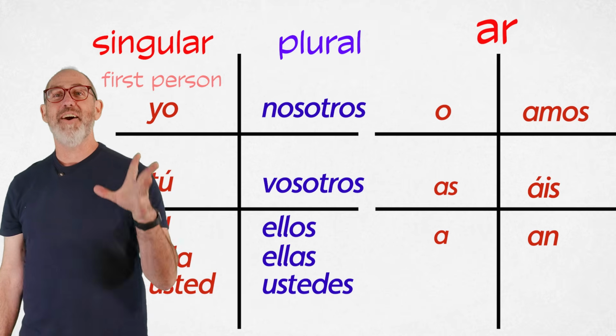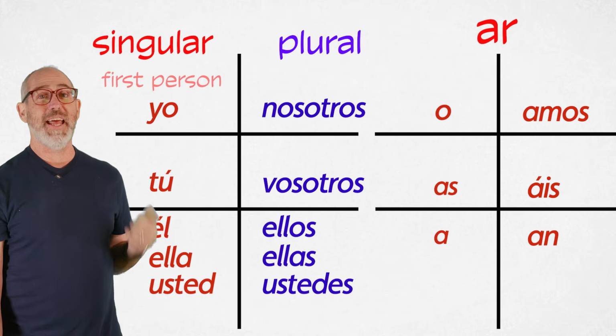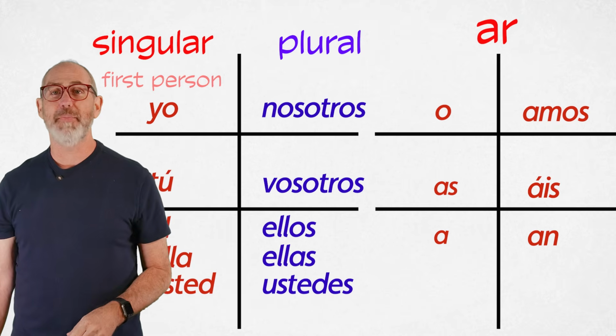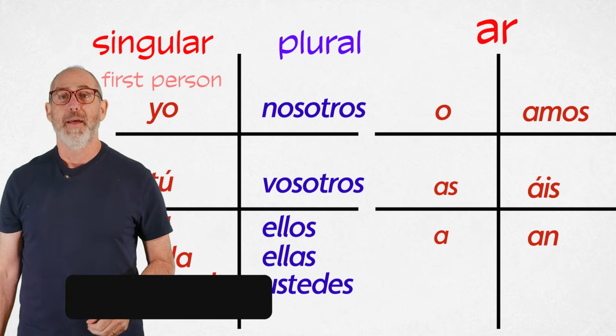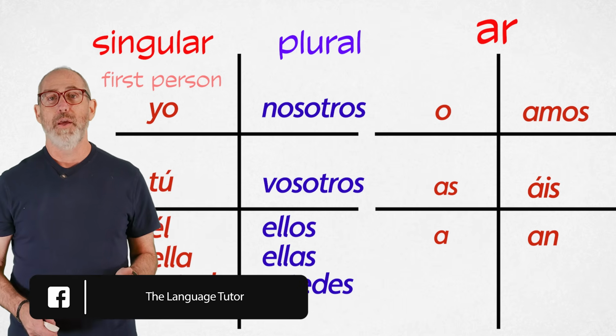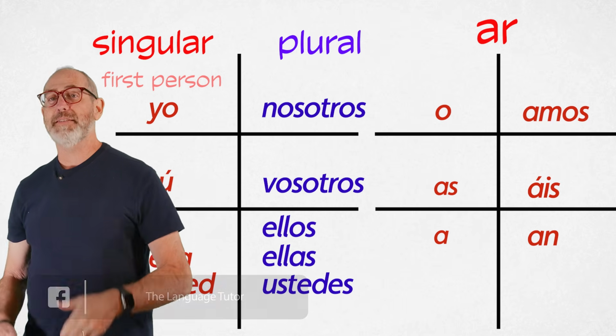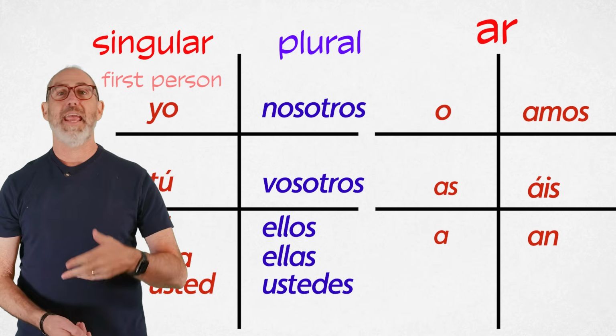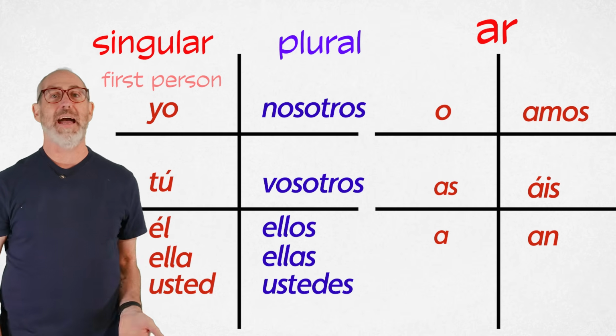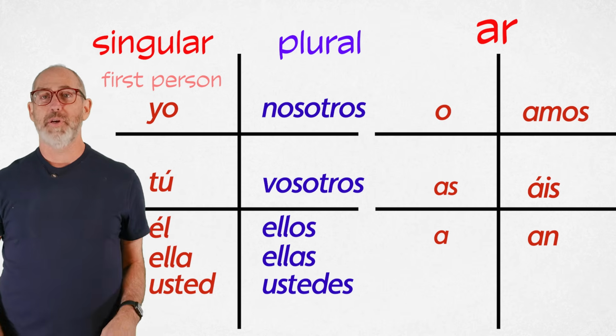Okay, now you see why él, ella, and usted hang out together, because they use all the same endings. All three of those use a. And the same goes for ellos, ellas, and ustedes. They hang out together because they all use an. So let's back up and summarize.